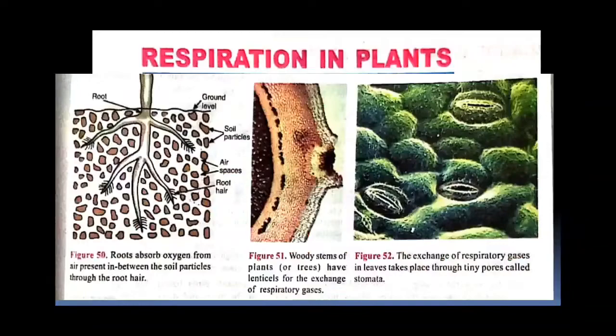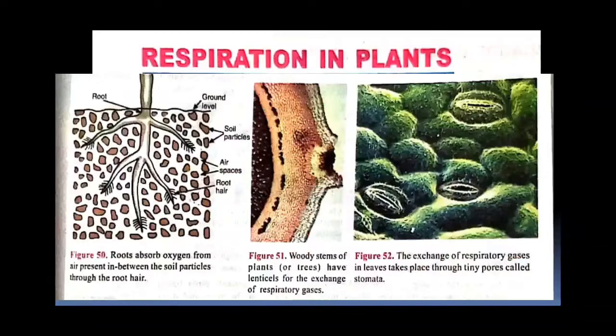In the roots, oxygen is absorbed from the air present in between the soil particles through the root hairs. The stem of the herbaceous plant has stomata, so the exchange of respiratory gases in the stem of a herbaceous plant takes place through stomata.